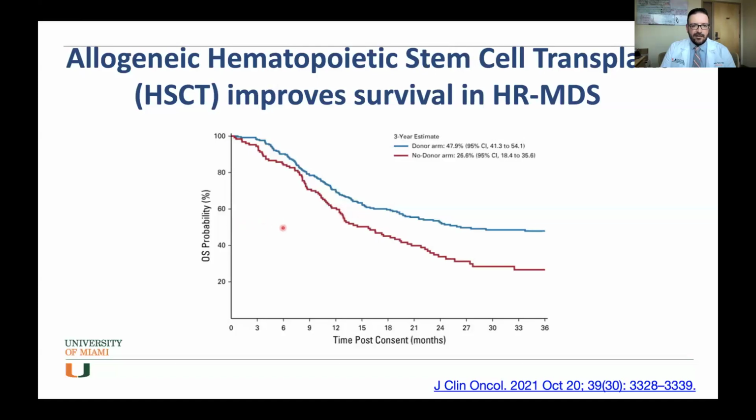So if you draw the line here at 50%, the survival rate of the no donor arm, that means they did not get a transplant because the donor was not available, although their doctor would have recommended the transplant and they had all the same features, was around this 12 to 15 month range. But for the patients where there was a donor and they got the transplant, the median survival was much longer, almost 2 years, and actually almost 3 years.